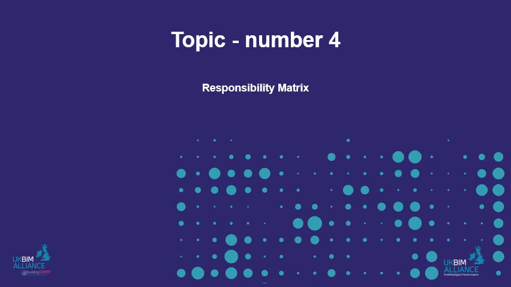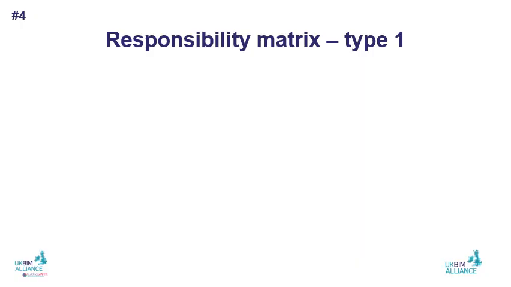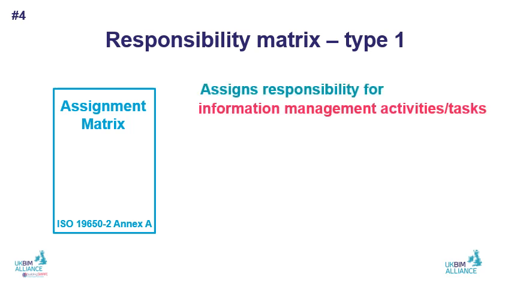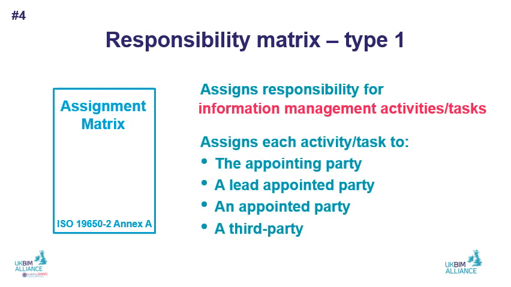Topic number 4, Responsibility Matrix. It's important to understand there are 2 types of responsibility matrix. The first is called the Information Management Assignment Matrix, which can be found in ISO Part 2 Annex A. This takes the information management function I just described in the previous topic and assigns it to whichever individuals or organisations are best to carry them out.